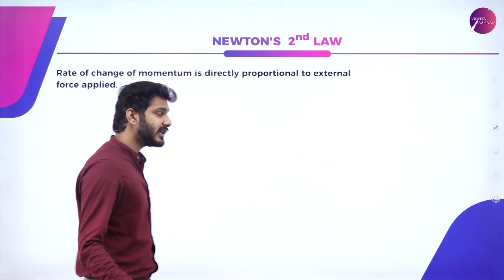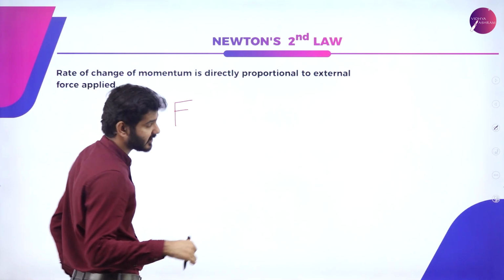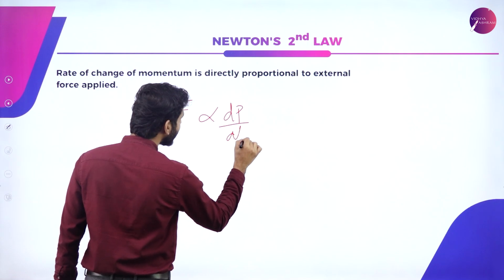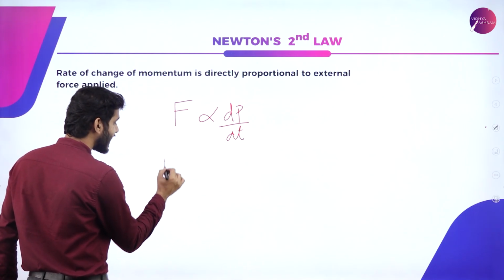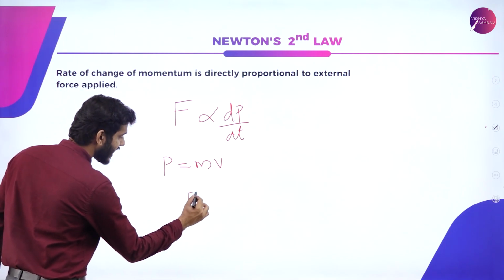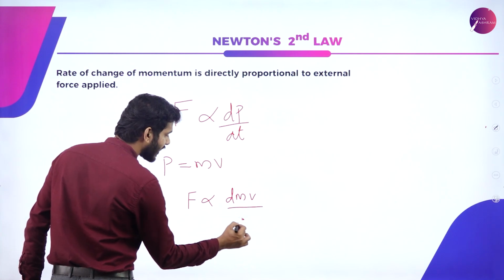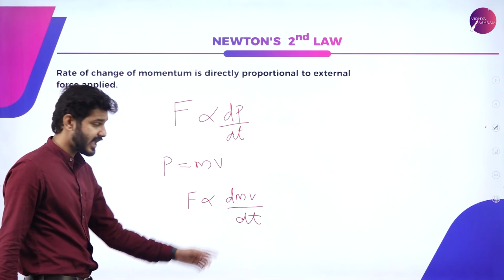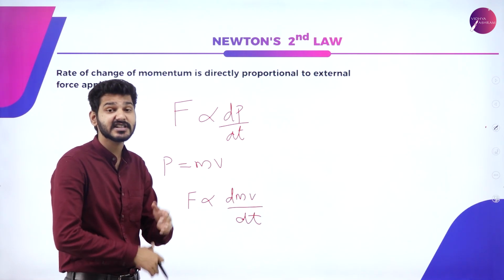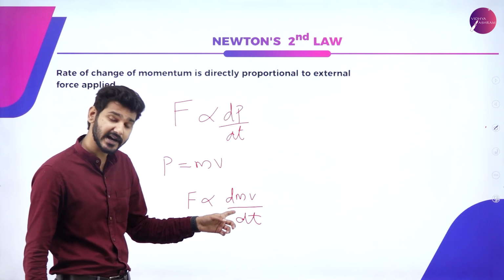So again, simply we can say that Newton's second law of motion can be derived like this. That is, F is directly proportional to dp by dt. But we know that momentum is equal to mass times velocity, which means F is directly proportional to d(mv) by dt. Again, m is a constant, mass is not changing. Velocity is a varying quantity, which means mass comes right outside and velocity stays where it is.